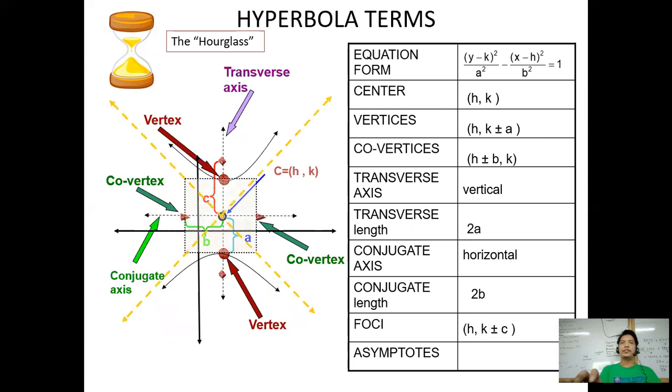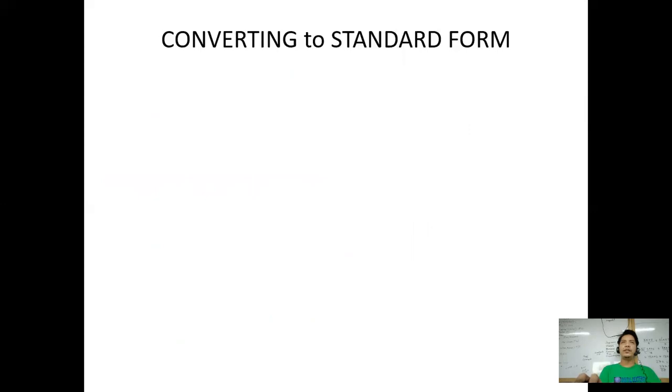Tandaan lang po natin to, pa-copy na lang or screenshot. So next, ang ituturo ko naman is ano ba yung magiging paraan natin sa pag-solve kapag yung ating given problem is nasa general form. For example natin, positive 4x squared minus 9y squared minus 32x minus 18y plus 19 is equals to 0.